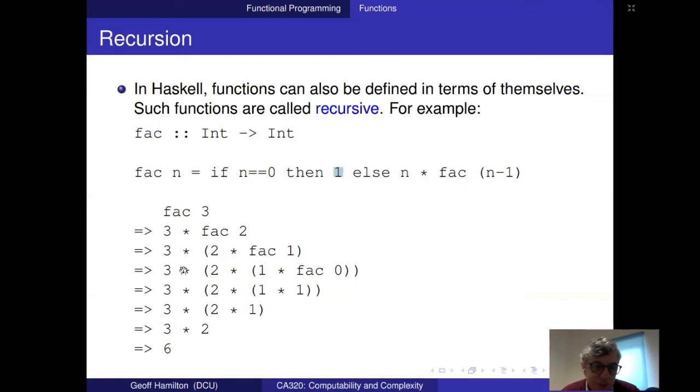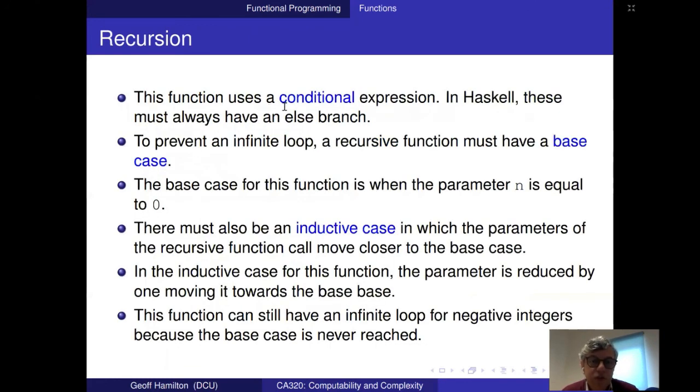And that's the simplification which happens. Factorial of 3 is 3 times factorial of 2, 3 times 2 times factorial of 1, and so on, and then we will go back slowly to get the results. Okay, the function uses a conditional expression. In Haskell, this must always have an else branch.